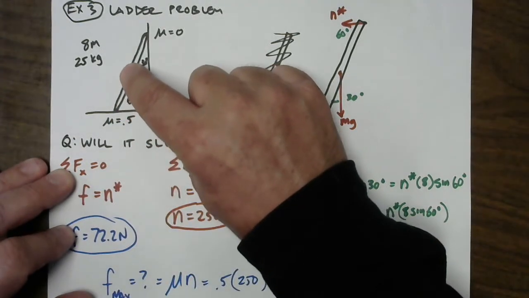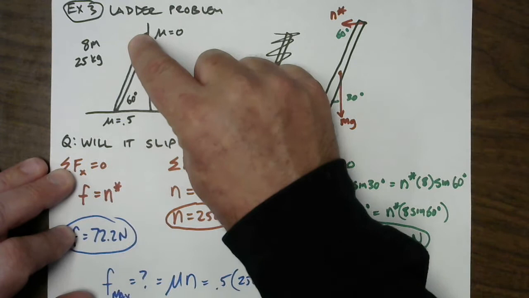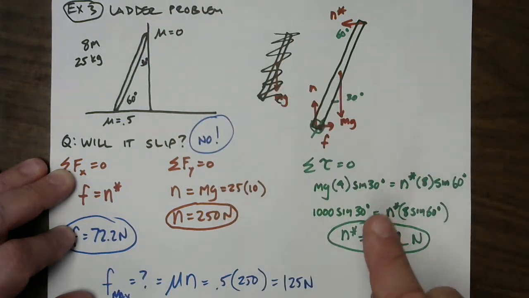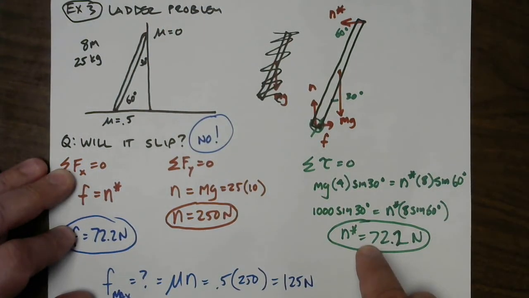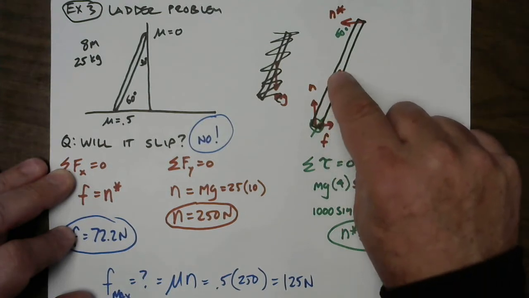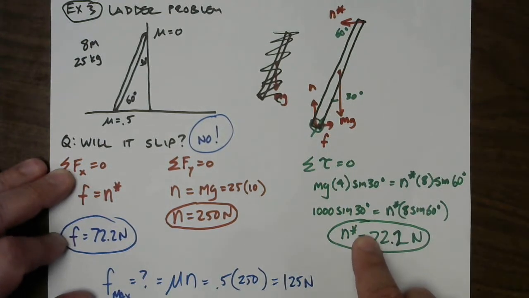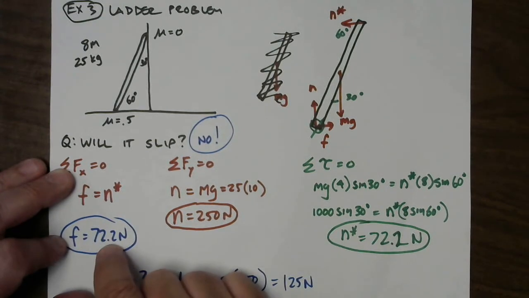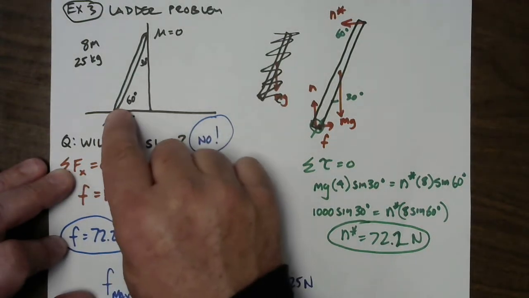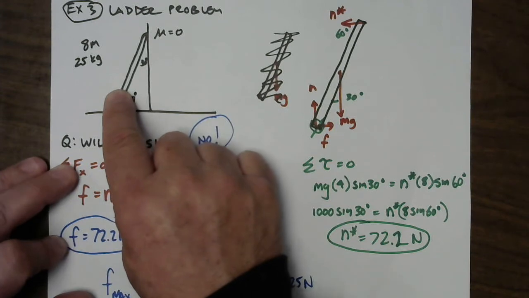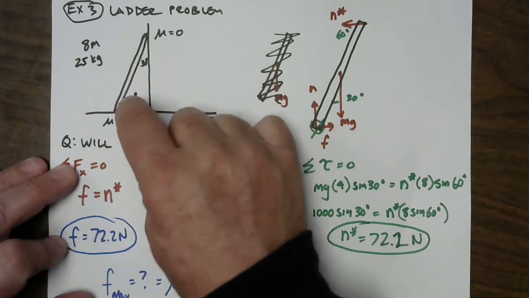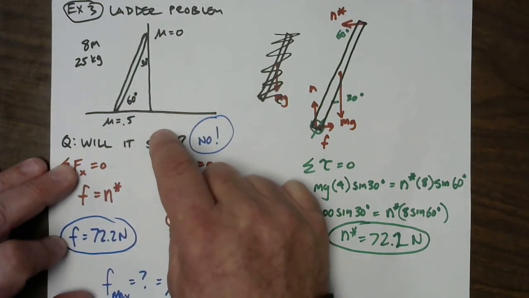The higher the person travels on the ladder, the more the N star becomes because of the fact that the torque from the person's weight is moving further and further from the pivot point. As N star becomes more, the friction demanded becomes more. So the friction that allows you to get on the ladder here at the bottom may not be enough by the time you get to the top, and the ladder may slide out from underneath you.